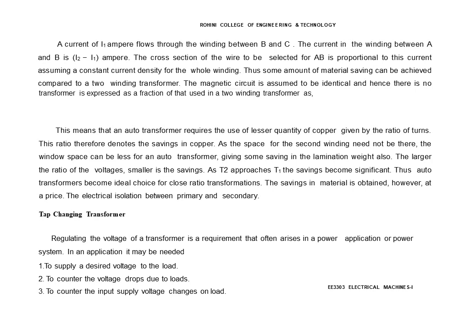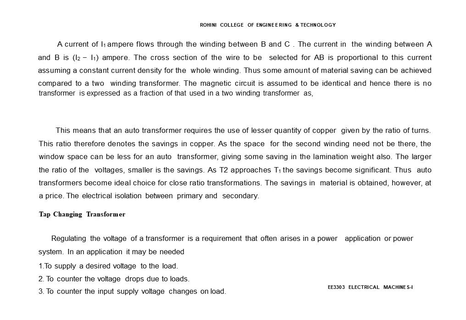Compared to the two winding transformer, the magnetic circuit is assumed to be identical. This means that the auto transformer requires a lesser quantity of copper, given by the ratio of turns. The ratio denotes the saving in copper, and space for a second winding need not be there.